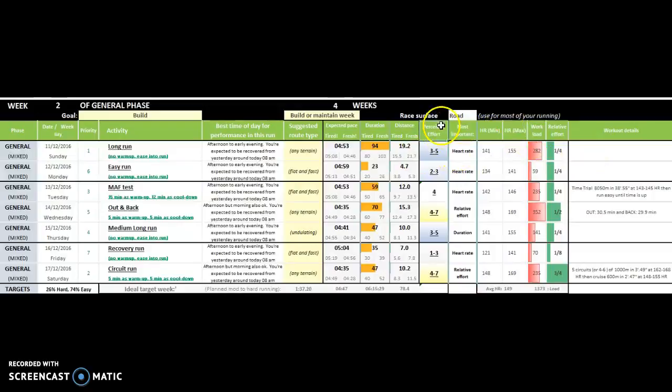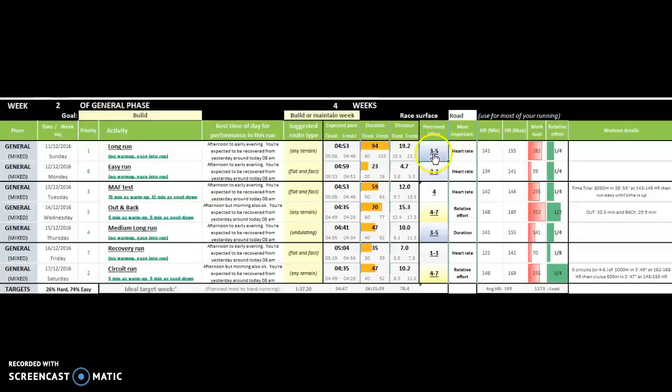So perceived effort is again clickable, so if you click the cell here, you can actually see the link. You're going to be taken to an article about rate of perceived effort, and you can read all about what the numbers mean, what they would feel like subjectively, and what my breathing would sound like. If you're a bit of a nerd, then it'll also tell you physiologically what it will roughly match, what type of thresholds and so on.